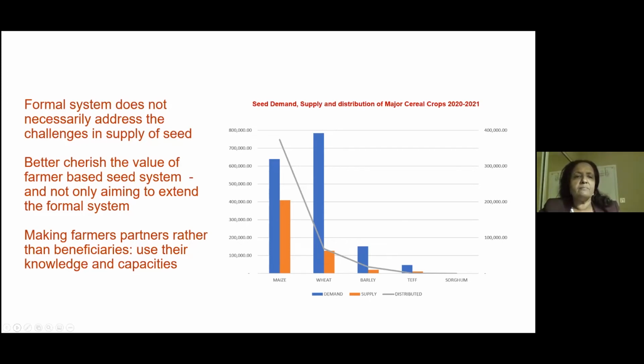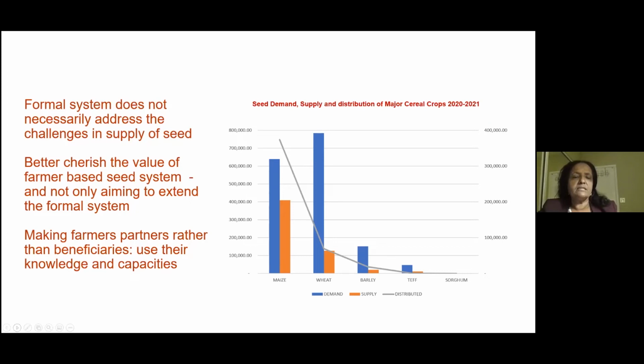We should not aim to change it, because it exists and it will continue like that. What we are looking for is horizontal complementarity, giving recognition, identifying and trying it, and also empowering the farmers. So it will make farmers partners rather than beneficiaries.